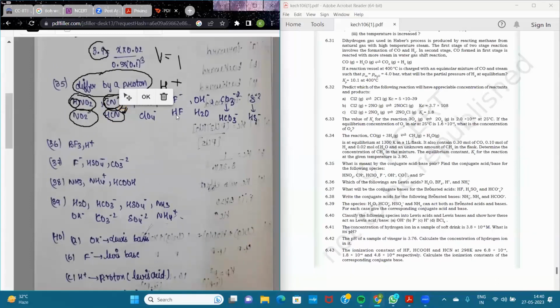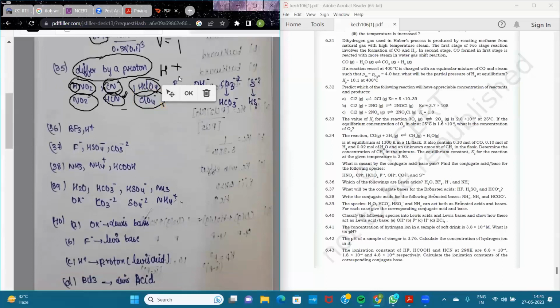The other molecule is HClO4. This is an acid. If we remove a proton, we'll get the conjugate base. And in the fourth, this is F minus. This is a base as it has a negative charge density on it. It can donate electrons.